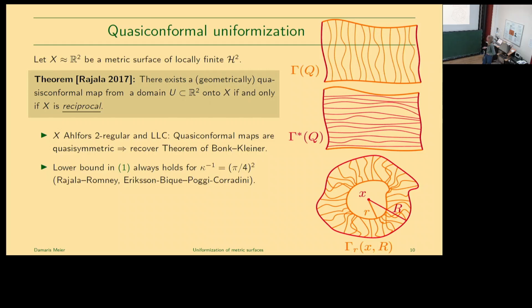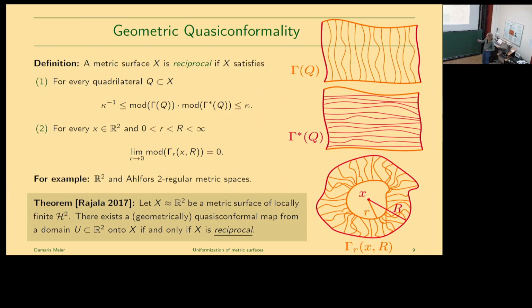And the second thing is that I had these two conditions before, and the lower bound in this first condition is always satisfied for some constant. And the other comment is that the upper bound here actually implies condition 2.